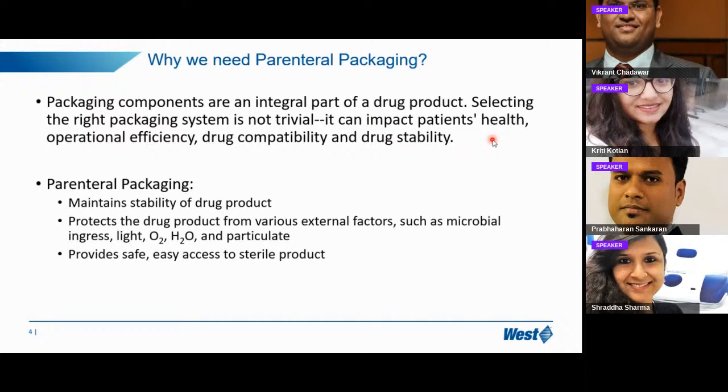It protects the drug product from various external factors such as microbial ingress, light, oxygen, H2O2 and particulate. If your drug product is light sensitive, you can see your ampules or vials are generally amber in color. This is why parenteral packaging is so crucial to protect from light, oxygen, water and particulate matter. And it provides safe, easy access to sterile product to the patient from the manufacturing area.